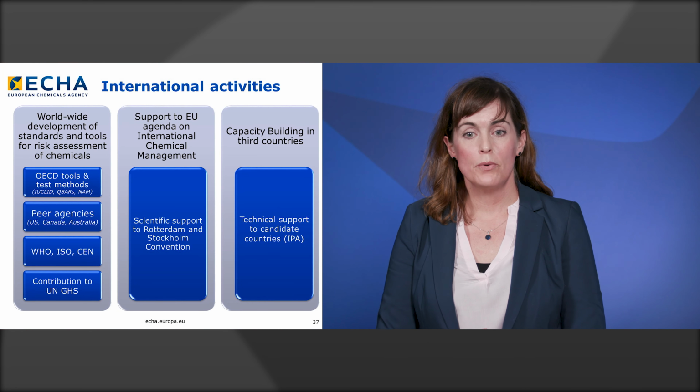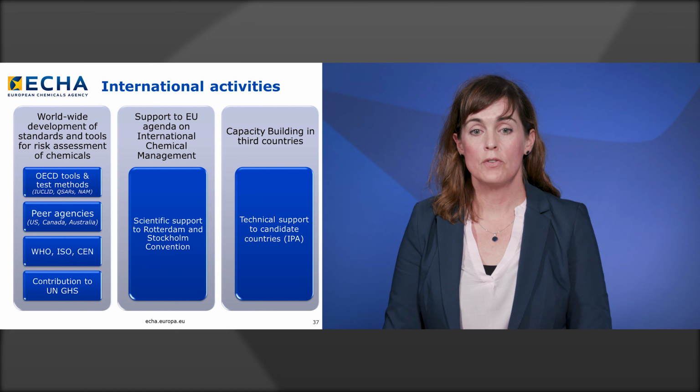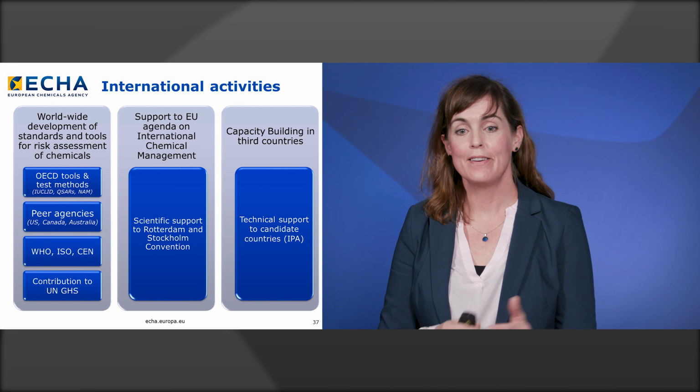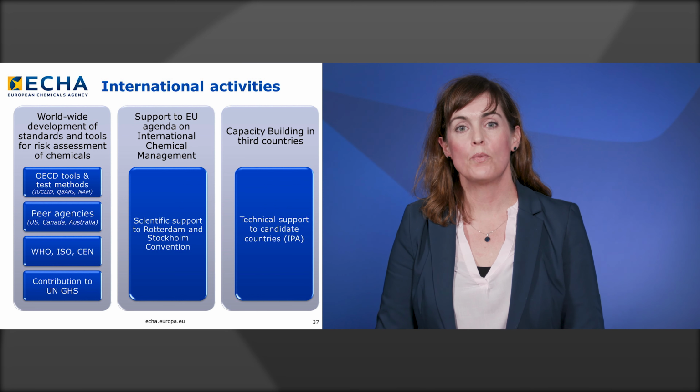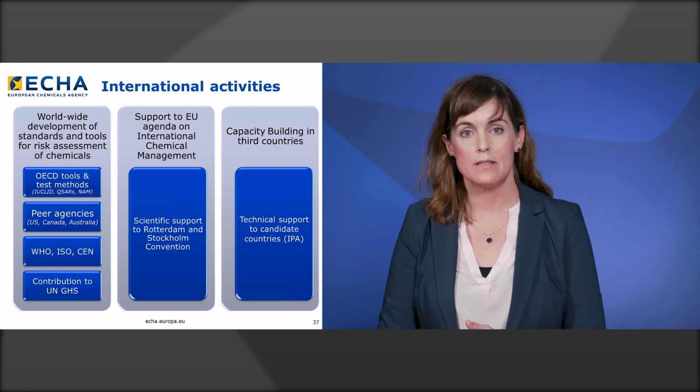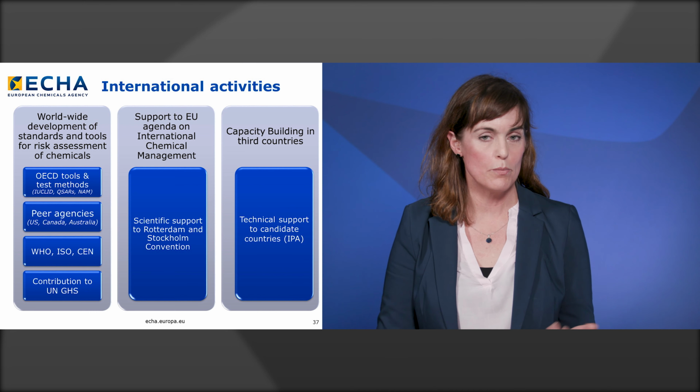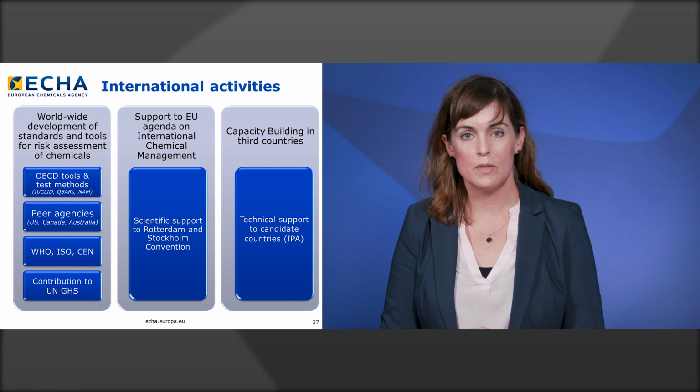Moving on a little bit to what we do at the international level, I'm going to quickly give you a couple of aspects on this. Of course, a lot of our operational work demands that we have test guidelines and methods in place, and Björn also mentioned the work at OECD level.